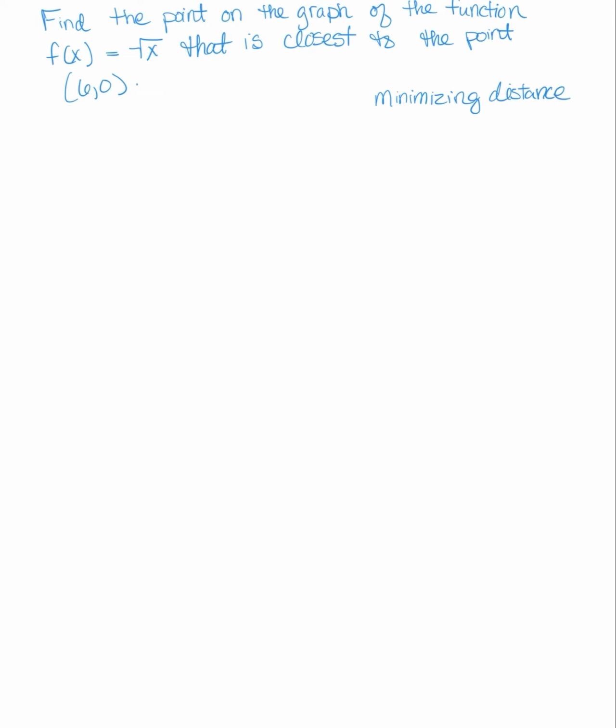But let's start with our very first step of drawing a picture and labeling everything that we see. Okay, so we're given that the graph of the function is f of x equals square root of x. So what is that going to look like? Well, let's just plot some points. So let's say we have f of 1.